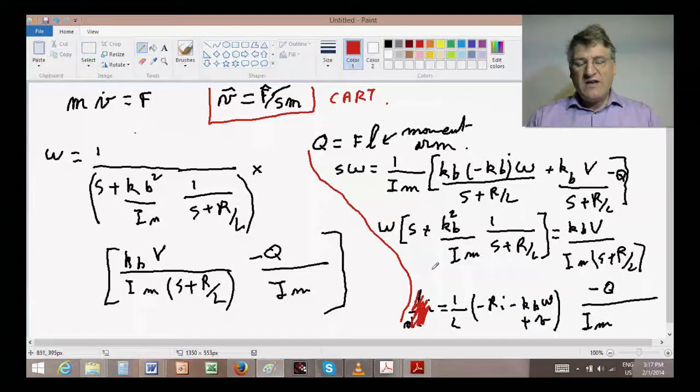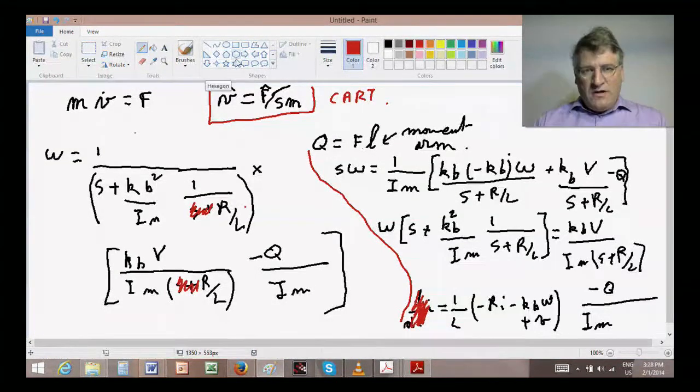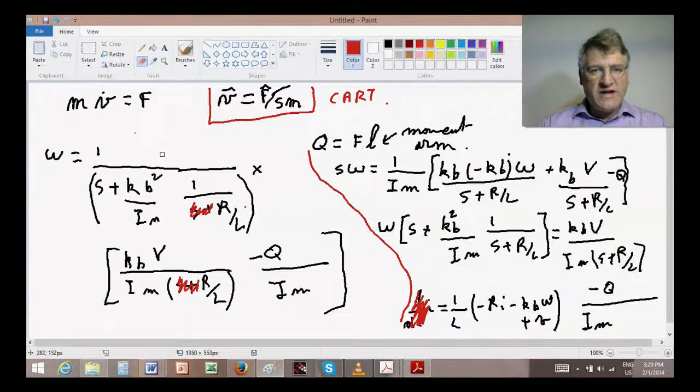And therefore, in the Laplace domain, erase the s that comes with s times I. The s that comes with s times I appears here on the one hand, and there on the other hand. We therefore erase them. The transfer functions from voltage to omega and from Q to omega then simplify greatly.